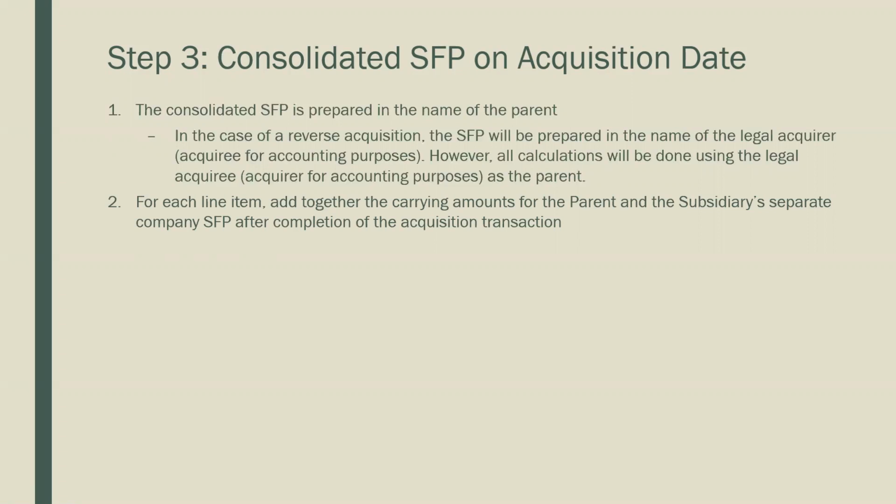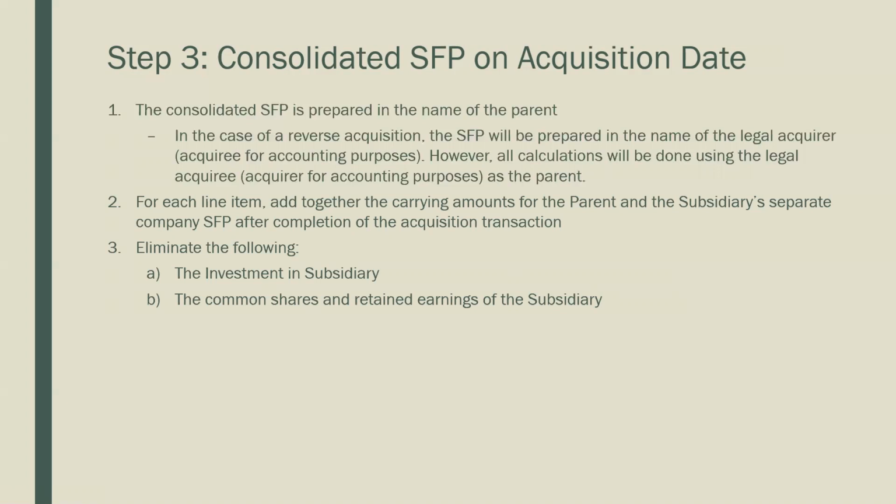Now, when making the consolidated balance sheet for each line item, we want to add together the carrying amounts of the parent and the subsidiary's separate company balance sheet amounts after completing the acquisition transaction. We must eliminate the following. We will eliminate the investment in subsidiary account that would be showing up on the parent's balance sheet.